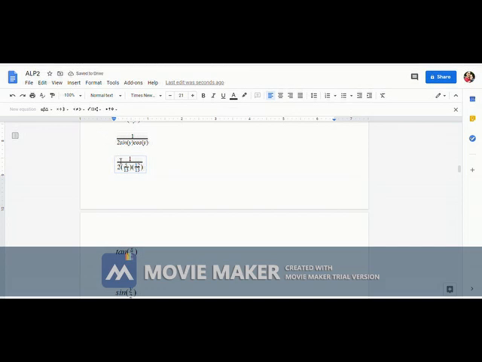Alright, so we can multiply these together. Still have 1 in the numerator. 1 over, multiplying these together, 5 times 12 is 60, times 2 is 120, over 13 times 13 is 169.